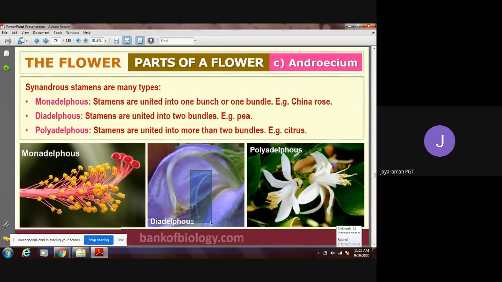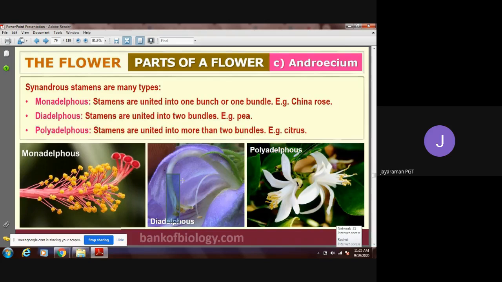One stamen will be free out of 10. The 9 will be forming a tube, a staminal tube. This is a free stamen, a single stamen, and the remaining 9 stamens form a tube. This is a 9 plus 1 arrangement. So anyhow, stamens are forming 2 bundles. It is known as diadelphous.